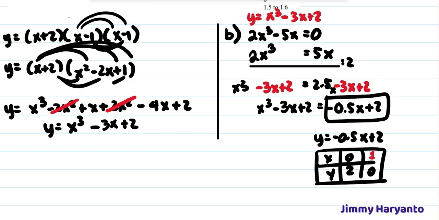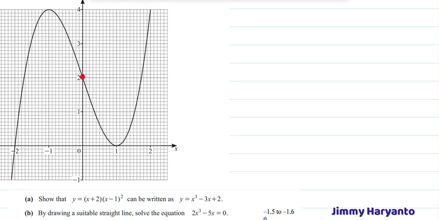How about 2? If x is 2, the result will be 1. 2, 1. It's right there. Okay, we don't have to correct them. It should be like that.